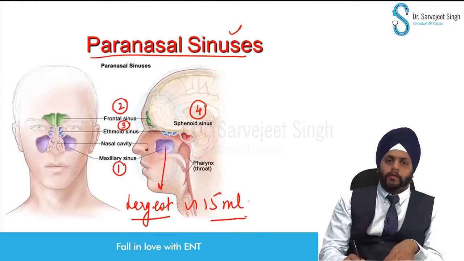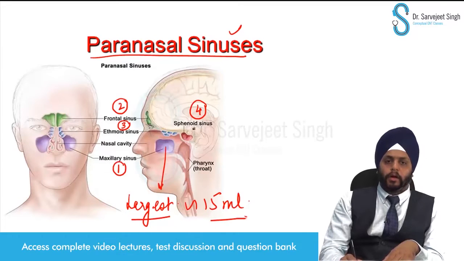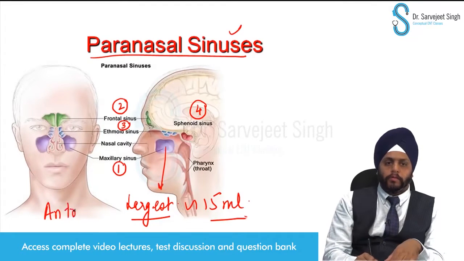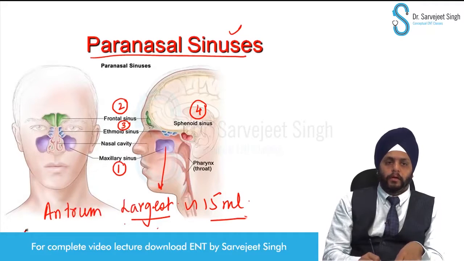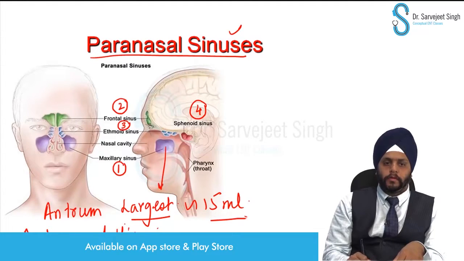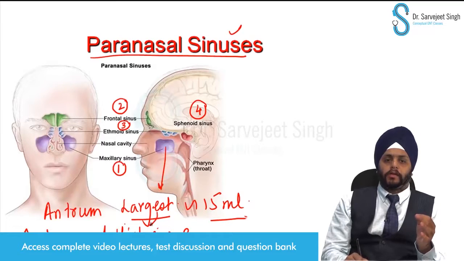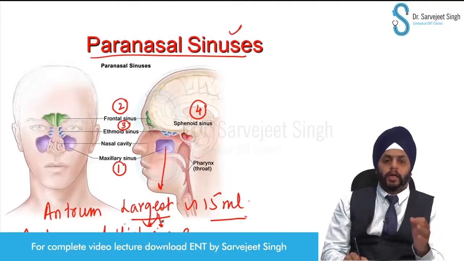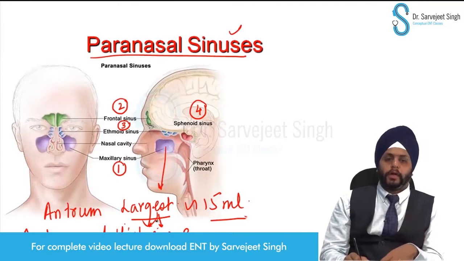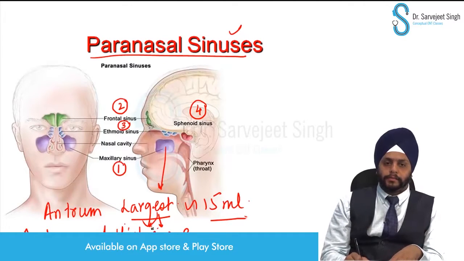Because it is a very big cavity, we also call it the maxillary antrum, also known as the antrum of Highmore. You can remember it like this: it is the largest paranasal sinus, so high and more. Antrum of Highmore, largest paranasal sinus.